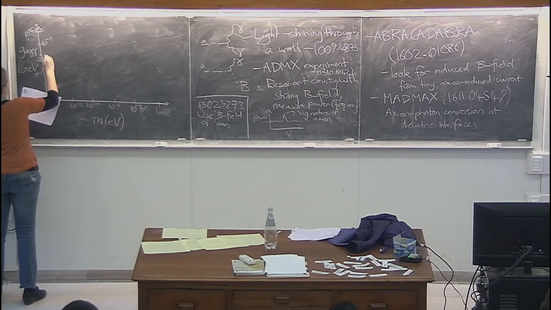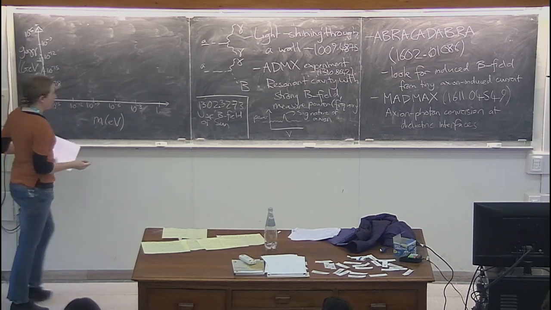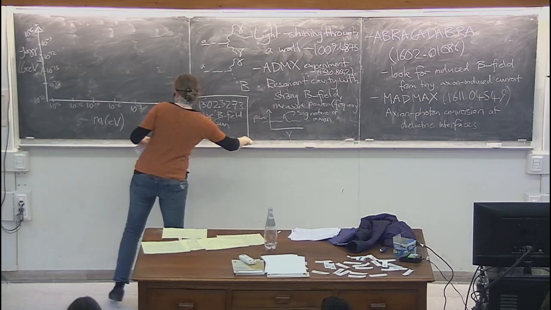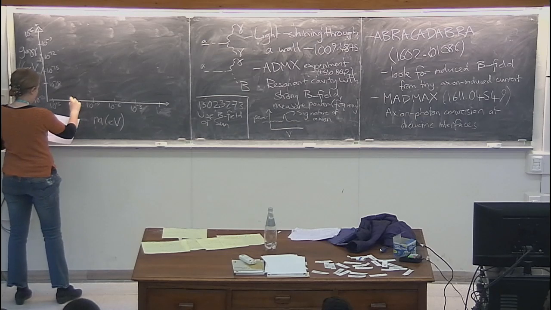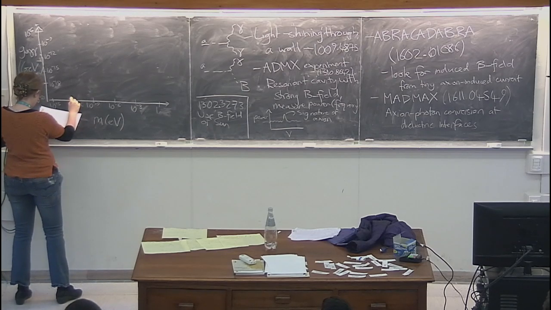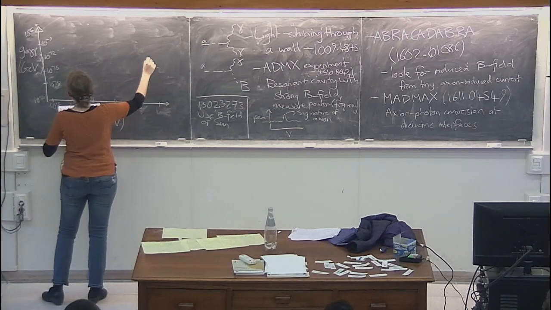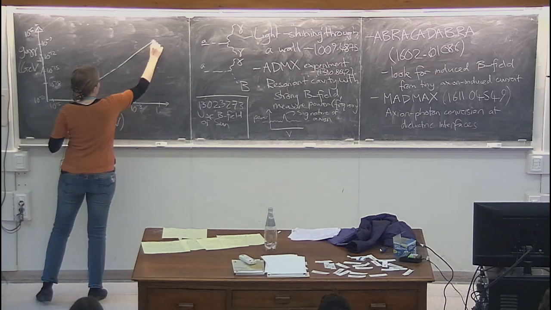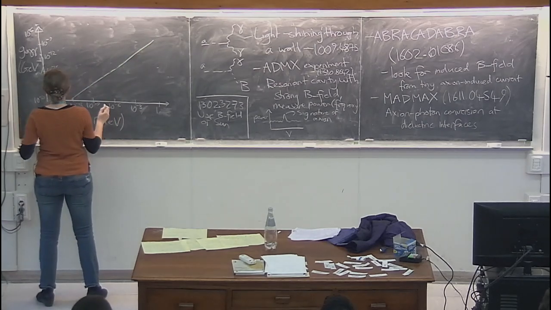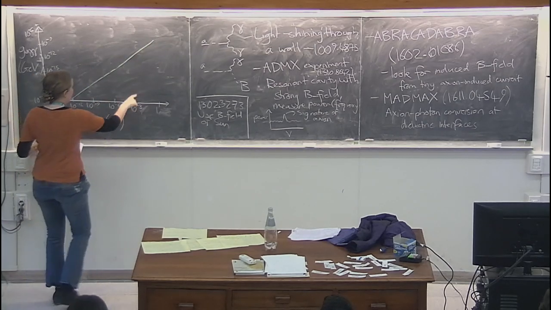This is the approximate band that I just talked about. It goes from like 10 to the minus 12 here to, at 1 eV, about 10 to the minus 9. So at a milli-eV, we want this to correspond to about 10 to the 12 GeV scales. That's what we talked about as the band for the QCD axion.